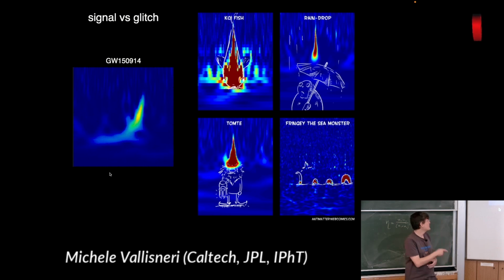You may see a feature in the strain output, and there may be a feature in the interferometer that is monitoring the tilt alignment of one of the mirrors. People call those explained glitches. And at that point, if you have a physical mechanism, you can just look at the auxiliary channels and use those to cut out data. You want to be sure that the auxiliary channels are not triggered by a real signal, but otherwise you can do that.